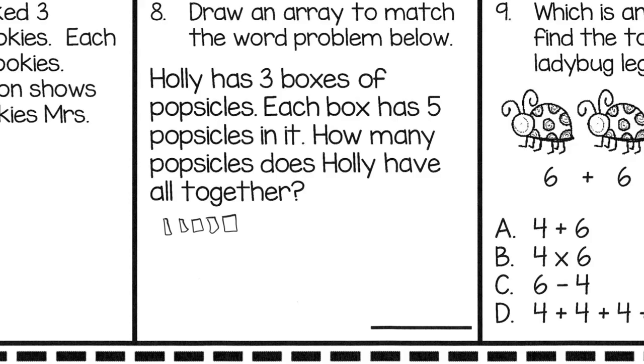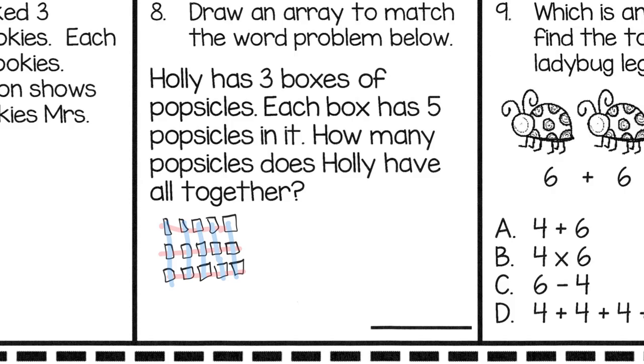Those are not good drawings, but then you could just draw 3 rows of 5, right? Because we said there are 3 boxes. So maybe that is represented by our 3 rows, and each box has 5 popsicles, and that would be our columns because I have 5 columns, okay? And then you can finish your multiplication problem there, okay?